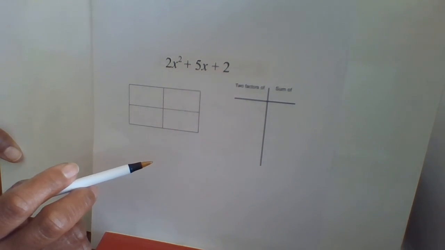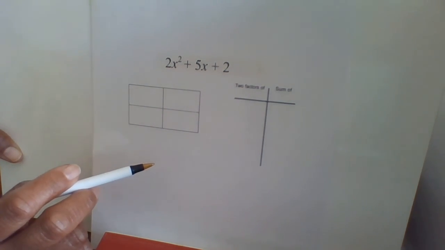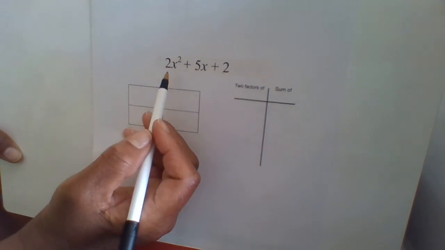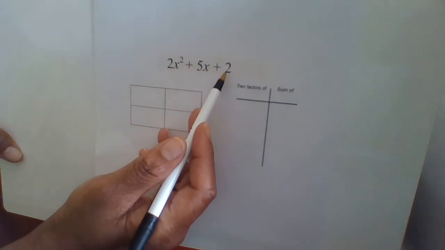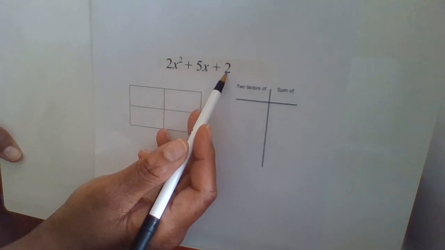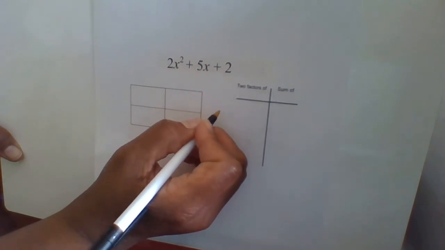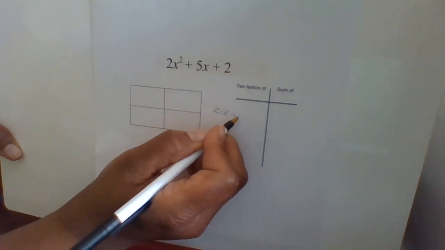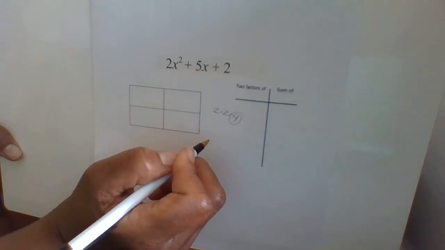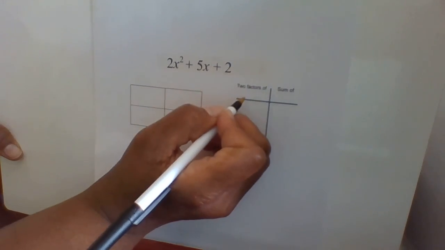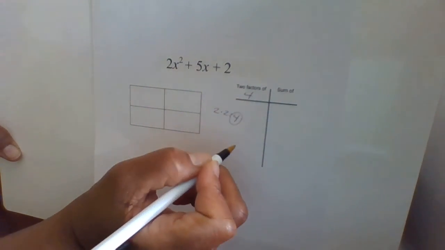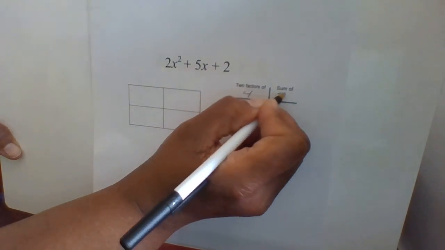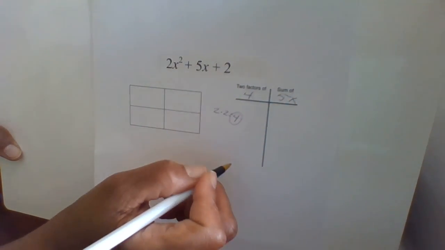What two numbers will you multiply together to find your factors? Remember, you have to take the A and the C term coefficients. So I am going to multiply 2 times 2, and my product is 4. So I need two factors of 4 that will give me a sum of 5x.